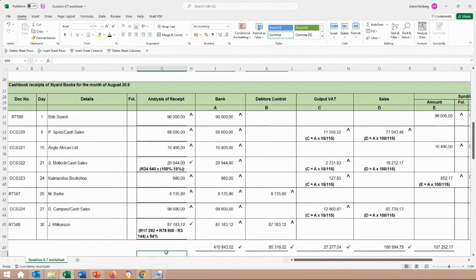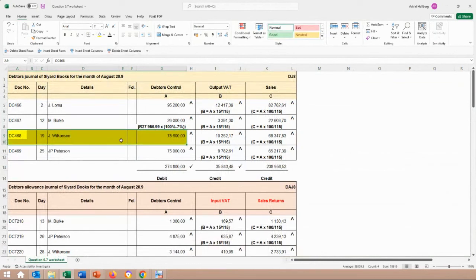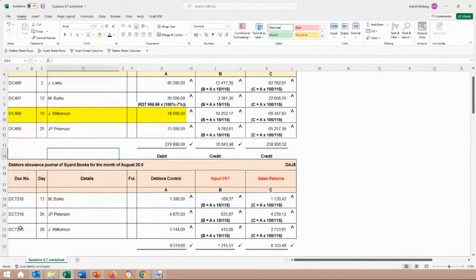Now to work out how much is outstanding before he makes the payment, we start with what was in the beginning of the month. Then we add anything else that he's purchased. Now he's purchased, just going to highlight it in yellow, 78,600 Rand in the current month. But he's also returned, of that 78,600, he has returned 3,144.